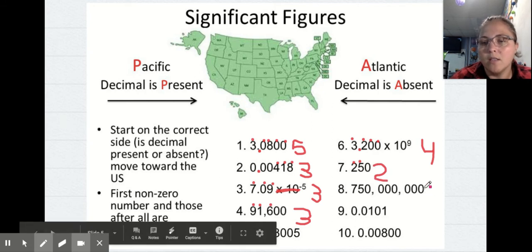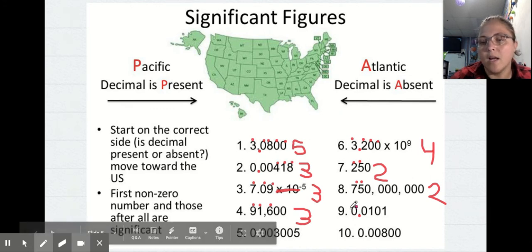Number 8, my decimal is absent, so I'm going to start on the right side and go left. 0, don't count that. 0, 0, 0, don't count those. I've got 1, 2 significant figures. Number 9, decimal is present here, so I'm going to start on the left side of the number.